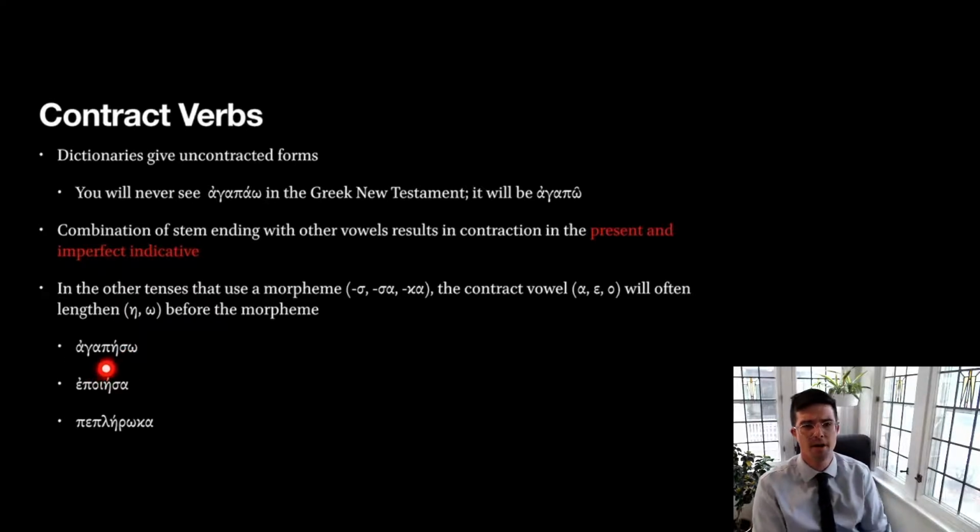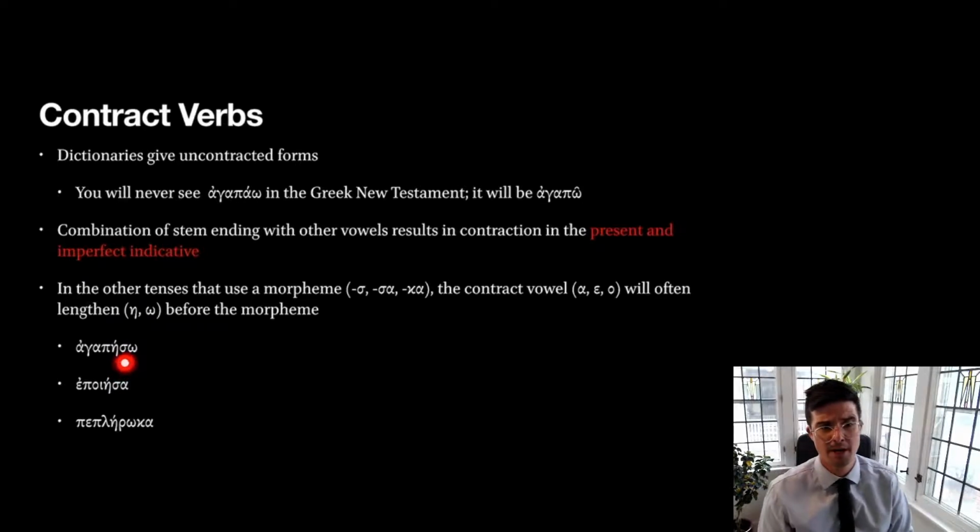And then the same for poieo. If we were to put this into the first person singular of the aorist active indicative, we add this sa tense formative, and then no suffix is used. And so the sigma of the sigma alpha morpheme here has served as a buffer between the epsilon and the alpha, so that contraction hasn't taken place, but the epsilon of poieo has lengthened to poiesa.